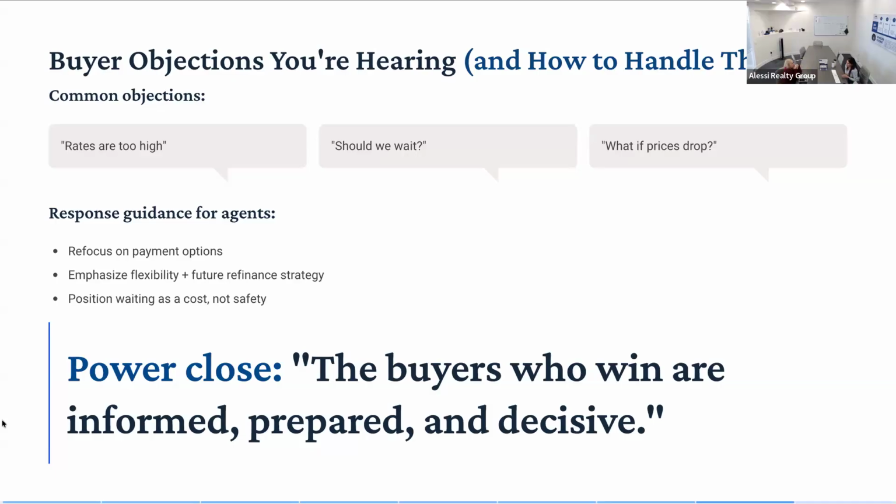But I would rather you tell me up front than now we're in contract and something comes up and we can't close, and guess who's the bad guy? Me. It's always the lender's fault. So please let your clients know to be transparent. If you don't want me to know, as the realtor, cool, you don't need to know. But tell your lender, because they are going to find out whatever it is.